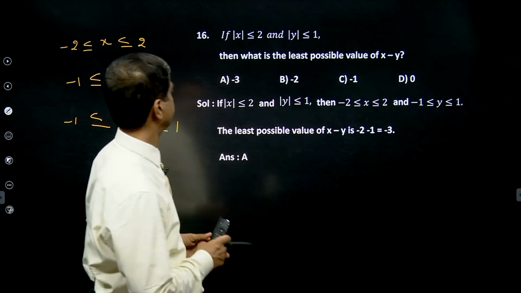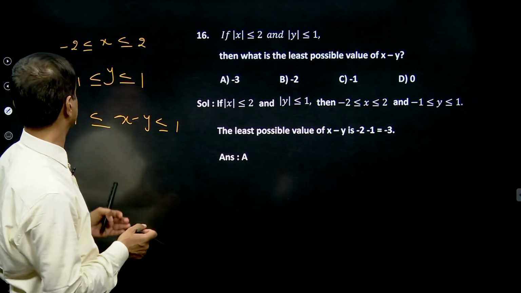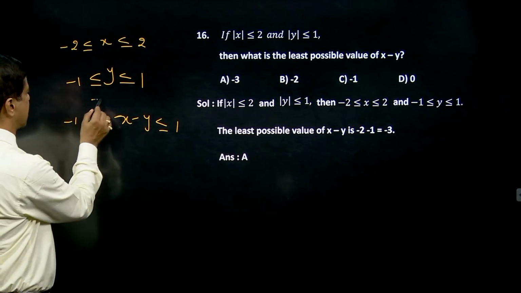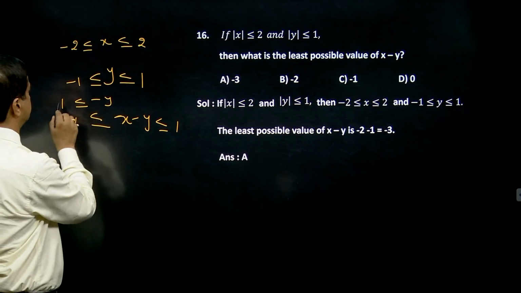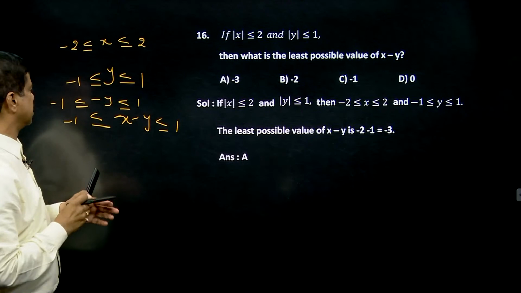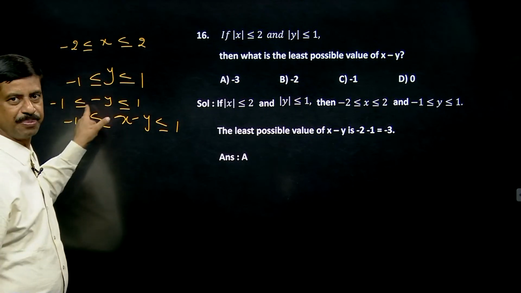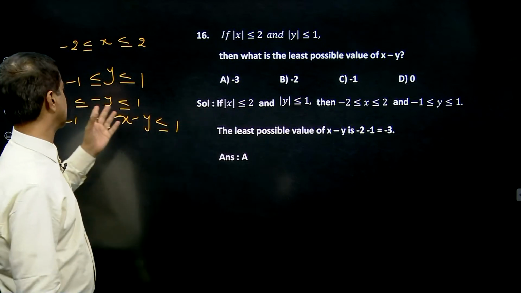Let us check the different possibilities now. Minus y is less than or equal to 1. y lies between minus 1 and 1, so minus y also lies between minus 1 and 1.